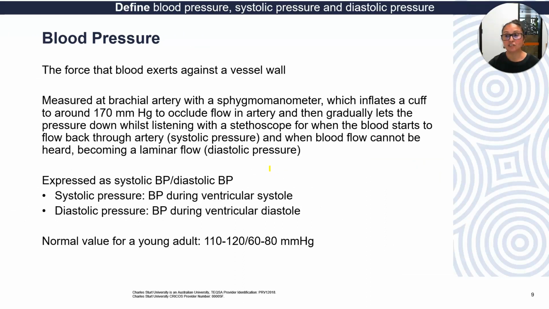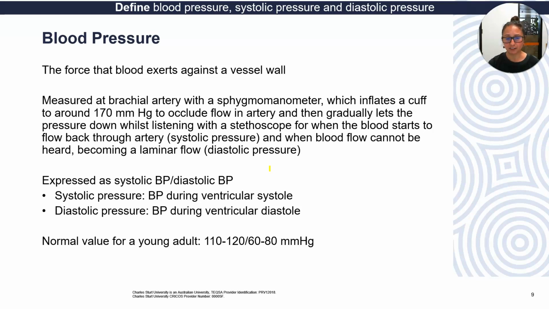Okay, so now that we know what pressure is, we can think about what blood pressure is. So what is blood pressure? Blood pressure is how the blood pushes against the blood vessel wall. That is what blood pressure is. That's the definition.